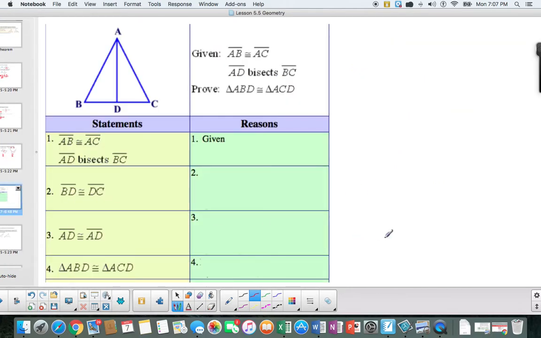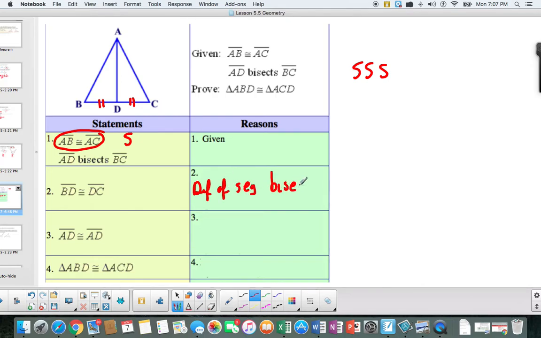Okay, let's go through a proof here, and this is going to be showing the SSS as well. So you can see in your given right here, we already have a pair of sides. Now this is not a pair of sides, although it's telling us that this is cutting BC in half. So we know that these two will be congruent to each other, and that comes from the definition of segment bisector.